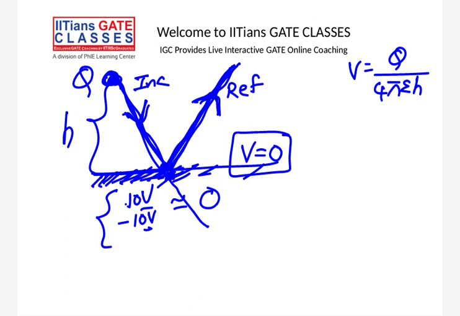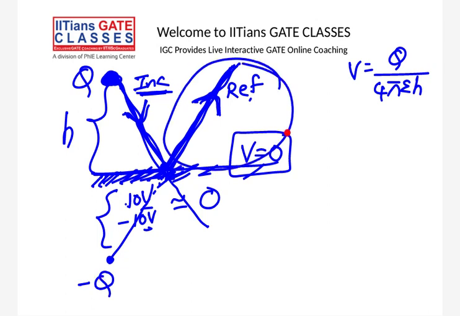Now, for the mathematics sake, I can say that the incident electric field is because of the original charge itself, and for the reflected electric field, I can imagine there is a negative charge below the ground plane, and I can replace the whole part. So the reflected wave can be imagined to be due to some charge located below the ground plane at the same distance h.